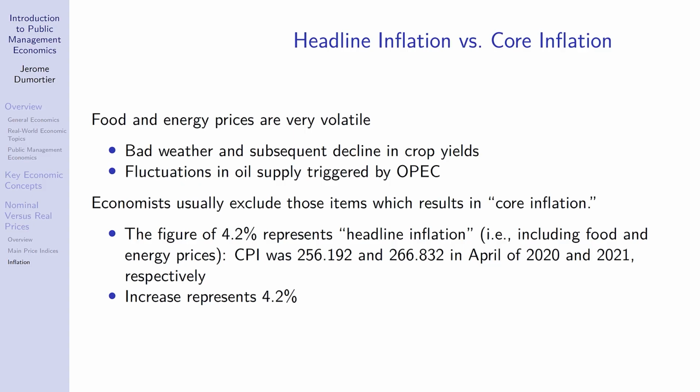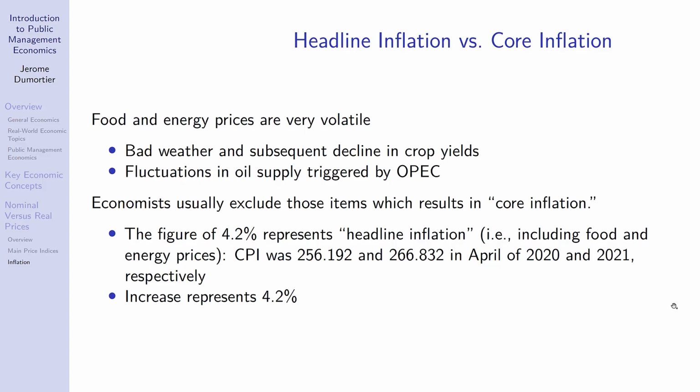But think about the core inflation being the trigger for any type of policy intervention by central banks, which is the reason why, since they're so volatile, and more importantly, since that volatility can be very short term and has nothing to do with the economy as a whole, those are excluded from the calculations.